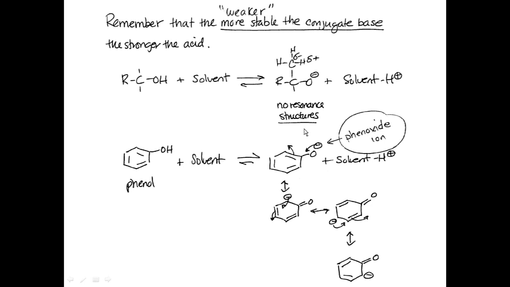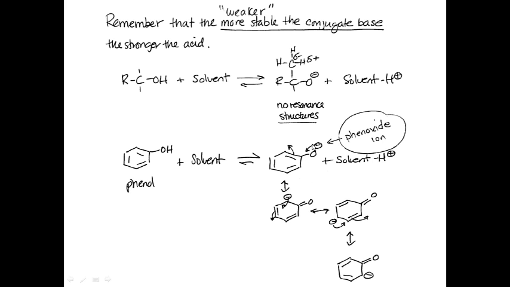So the reason for this, and this will be the second to last topic here, is that if you took an alcohol and deprotonated it, there are no resonance structures possible for an alkoxide ion. There's no way to move this pair of electrons and form any kind of resonance structure. But if you take a phenol and deprotonate it, you end up forming what's called a phenoxide ion.